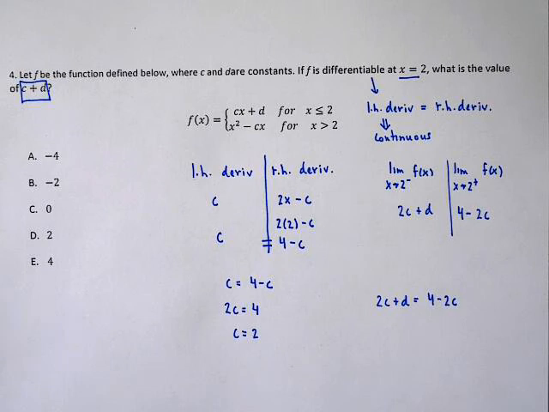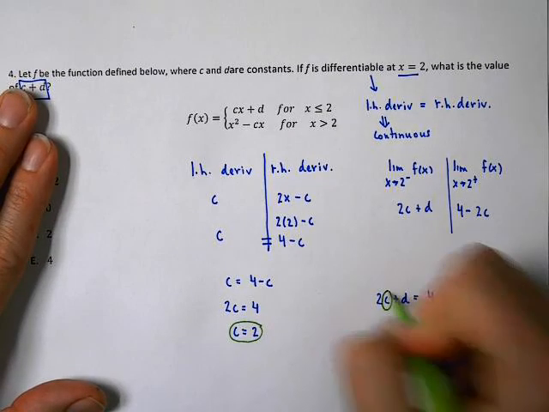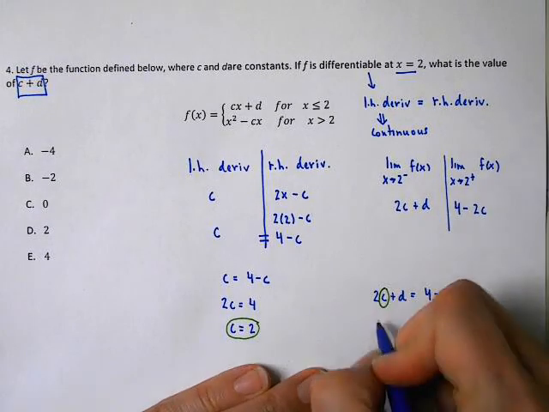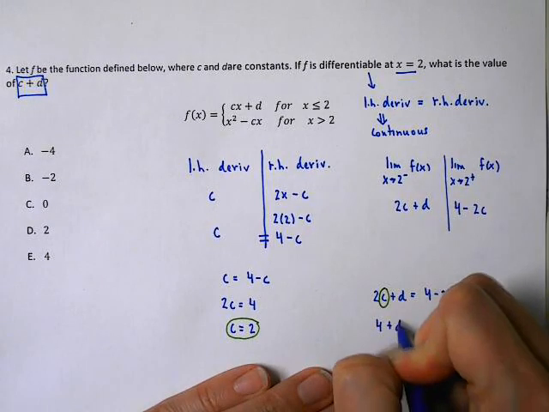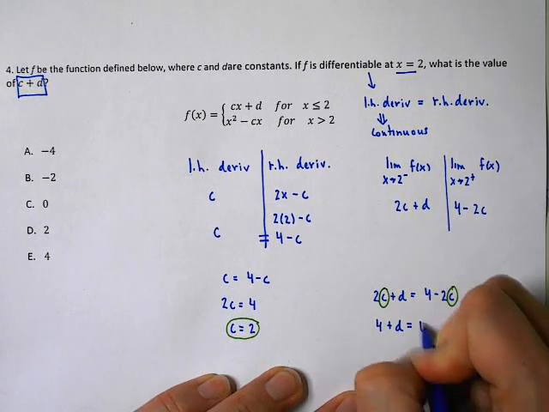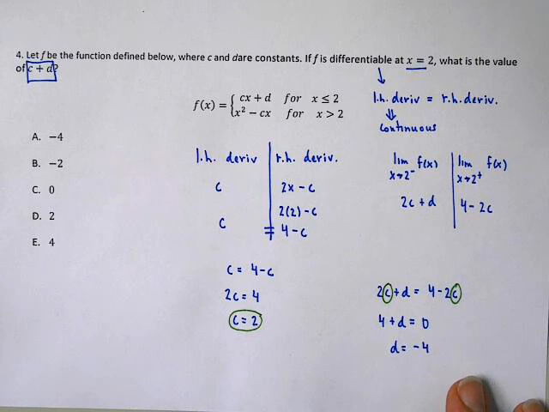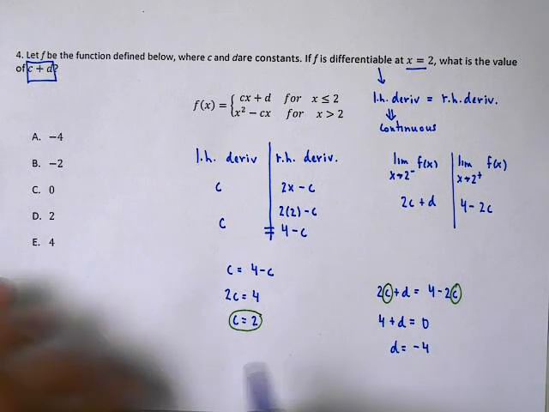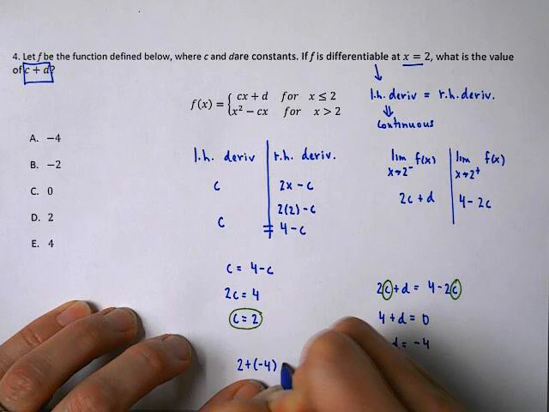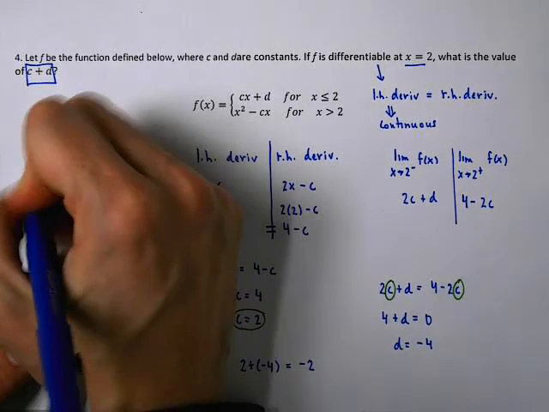However, I can take my c equals 2 and plug it into my equation. So I know 2 times 2 is 4, plus d is equal to, well, 2 times 2 is 4, and 4 minus 4 is 0, so d must be equal to negative 4. So for c plus d, I have 2 plus a negative 4, and that value is going to be negative 2, so choice B.